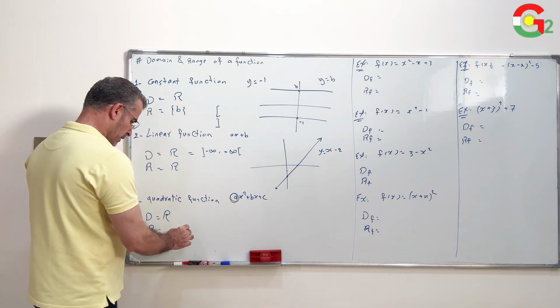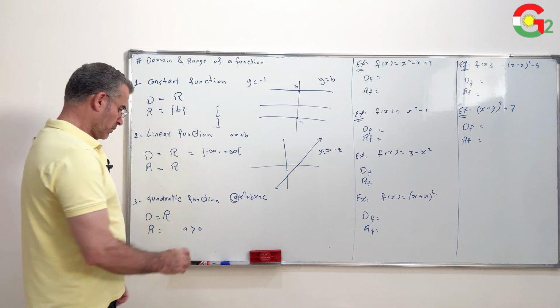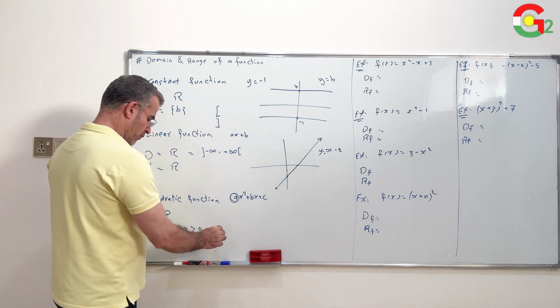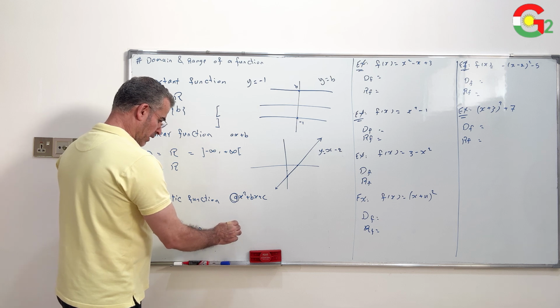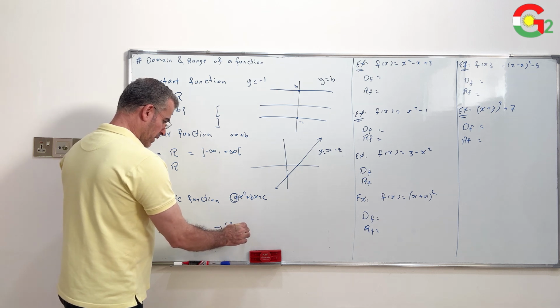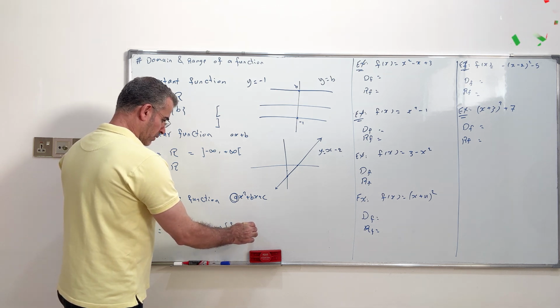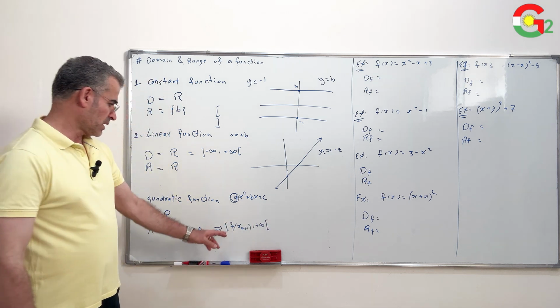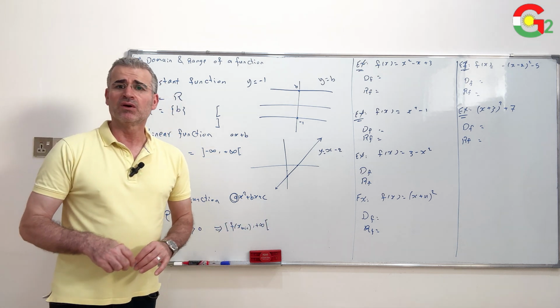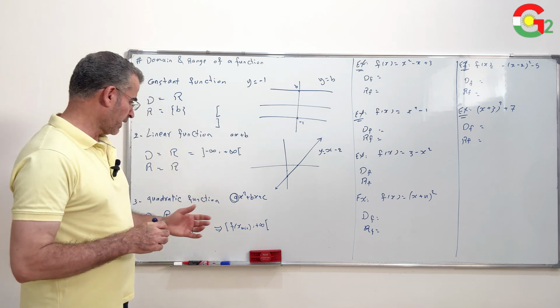If A is greater than 0, then the range will be the closed bracket from f of x min up to positive infinity. What is x min? It is the value at the x coordinate of the vertex.